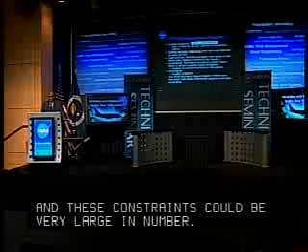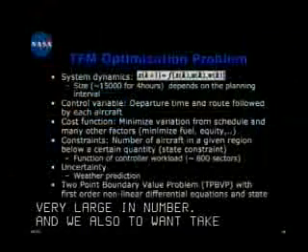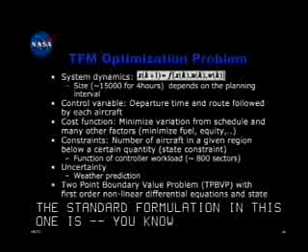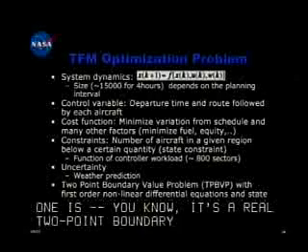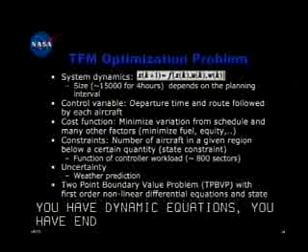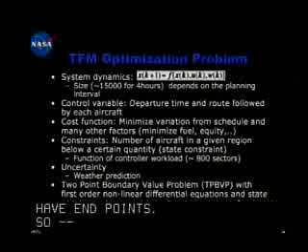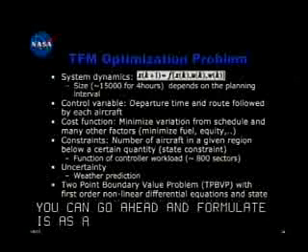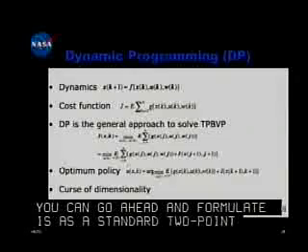And the standard formulation of this one is a real two-point boundary value problem. You have dynamic equations, you have endpoints, and state constraints. So you can go ahead and formulate it as a standard two-point boundary value problem. How does one solve these problems? Next view graph, please.